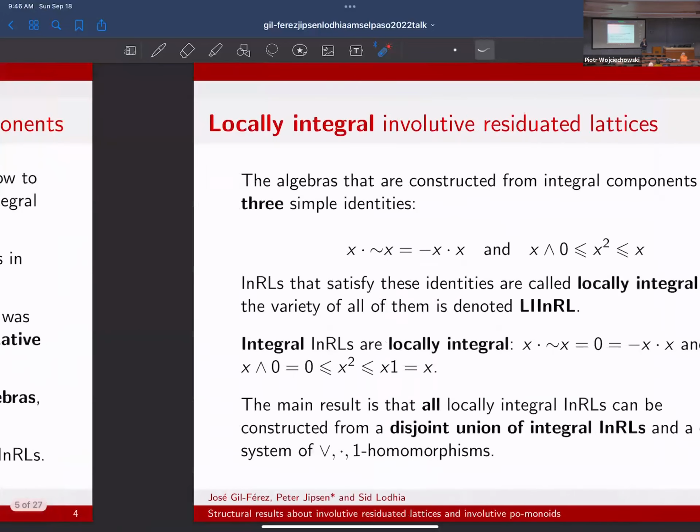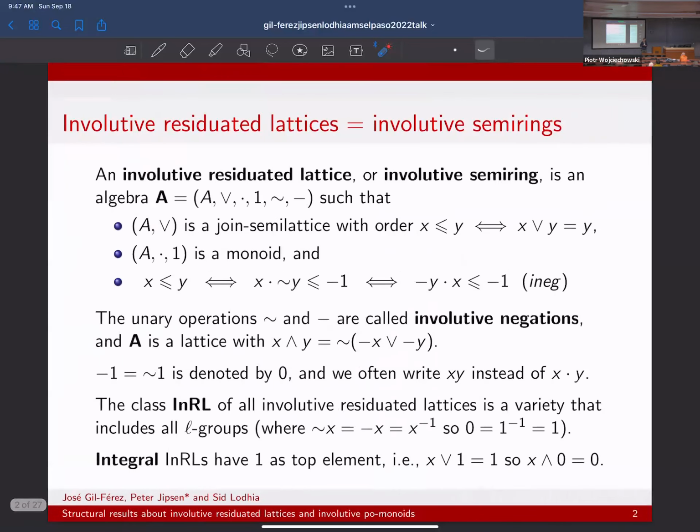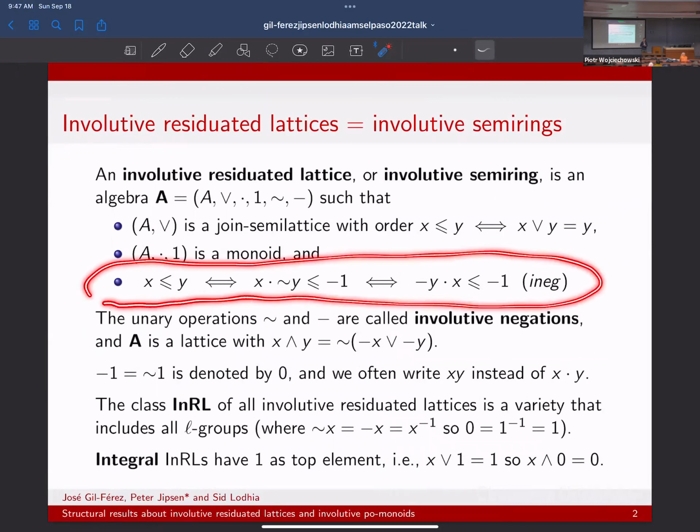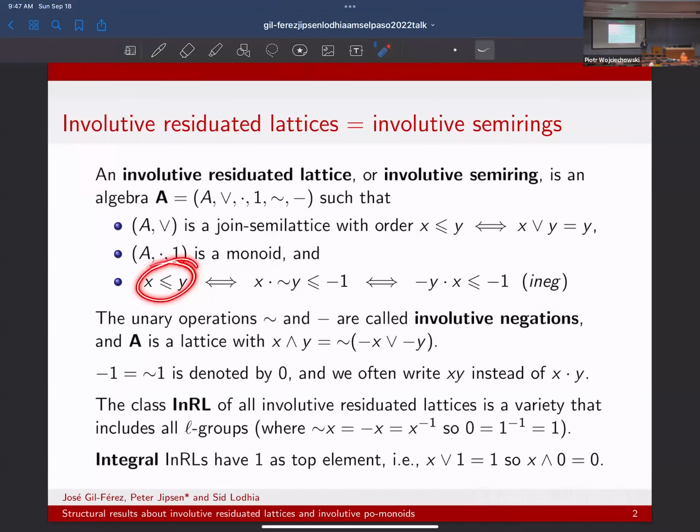I should mention that one of the important parts is right at the beginning of this definition. The order, and this is true in any residuated lattice but hasn't been exploited enough, is completely determined by this condition. This condition has the monoid operation in it and some subset. You need to know the subset of all the elements below -1.